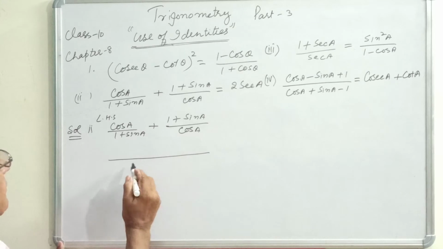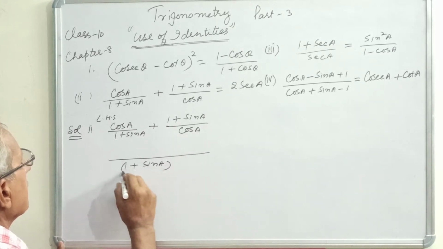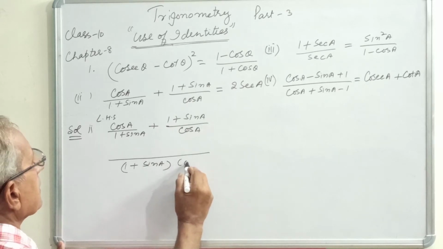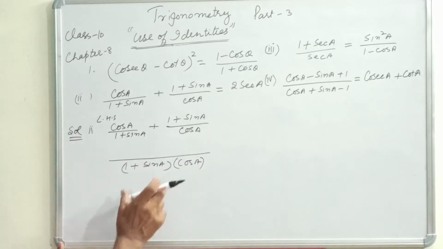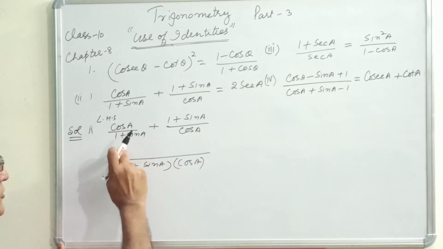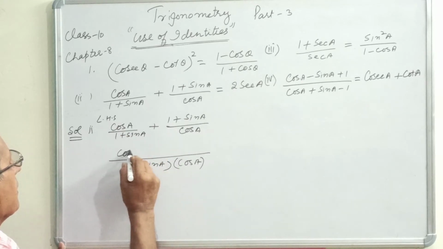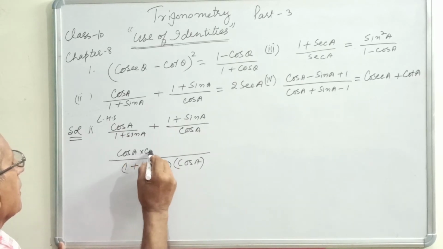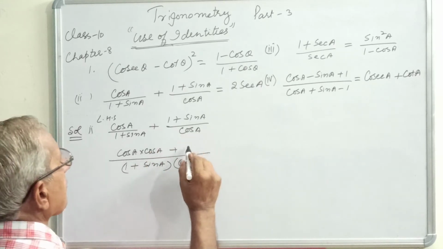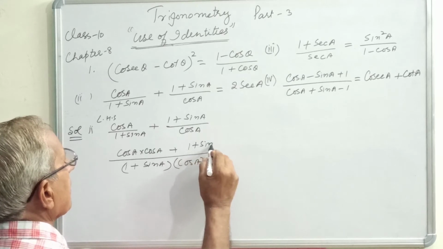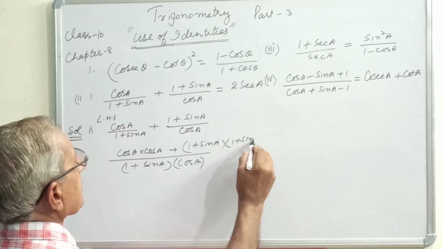LCM for this is (1 plus sin A) into cos A. So divide the LCM by the denominator, that will be cos A into cos A. Plus, similarly, that will be (1 plus sin A) into (1 plus sin A).